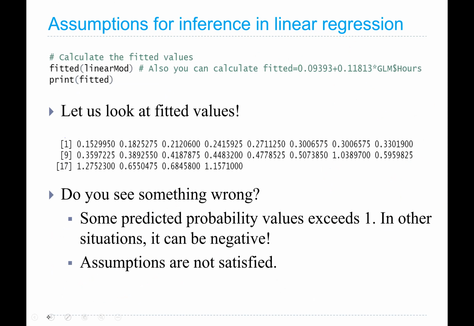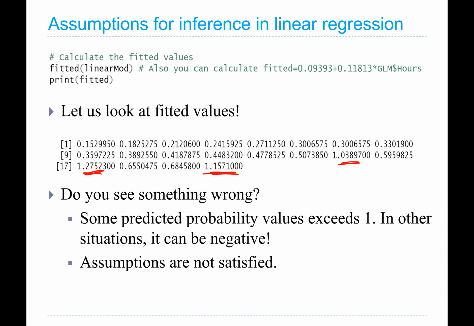Another problem is what? Maybe you are going to use this equation to predict the probability of success. And the probability of success is some value between 0 and 1. No way to have a probability greater than 1 or less than 0. And when you look at these fitted values or the predicted values, you'll find many of them are greater than 1. How does that come about? This is a problem.